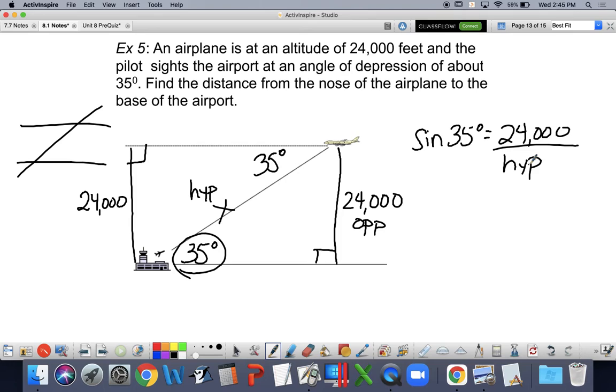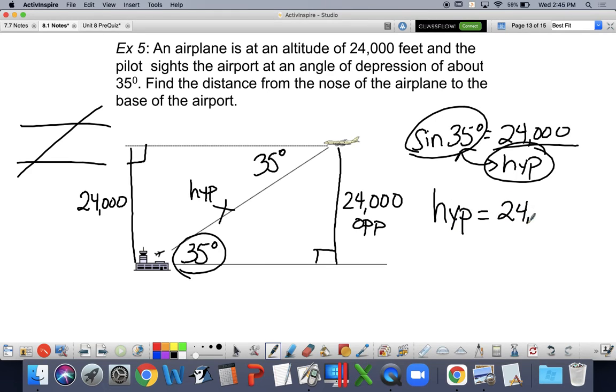I would encourage you to use a shortcut. We've already proven that this works. What you just have to do is flip-flop those 2 things. If this is the problem you're trying to solve, it's going to come up probably half the time. So your hypotenuse is equal to 24,000 divided by the sine of 35 degrees.